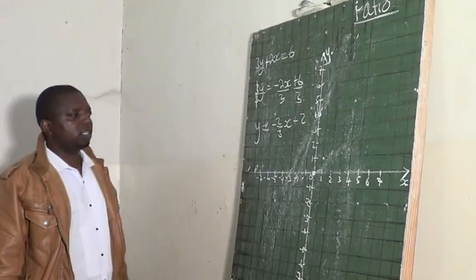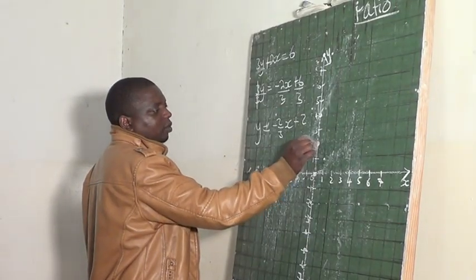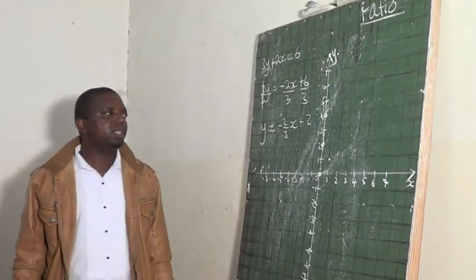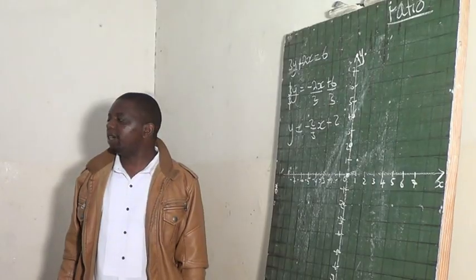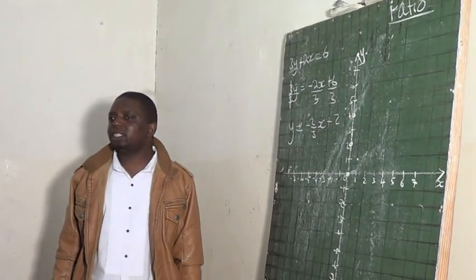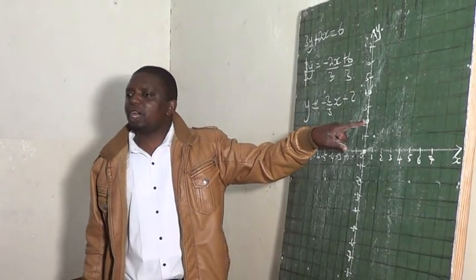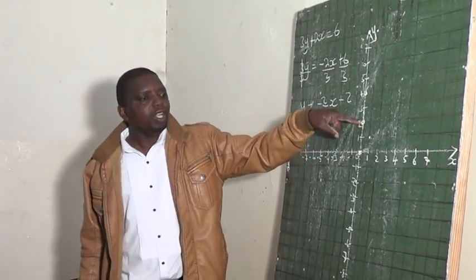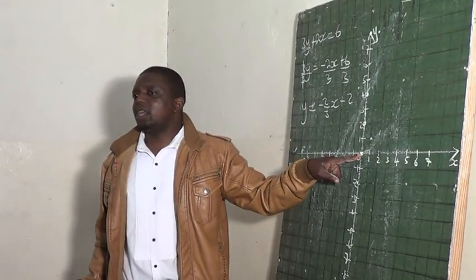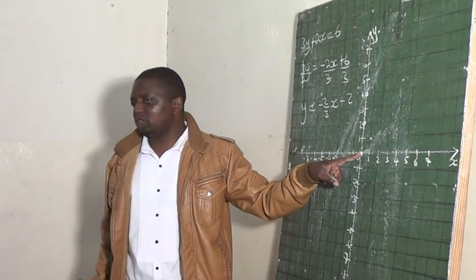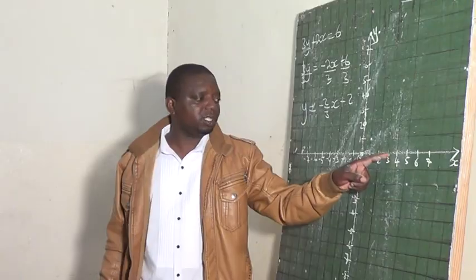And our y-intercept is plus 2. We go to plus 2 and mark it there on the y-axis. The gradient is minus 2 over 3, which means from plus 2, the y-intercept, you move minus 2 vertically. When we say we move minus 2 vertically, it means we are moving downwards, over 3 horizontally, over 1, 2, 3.